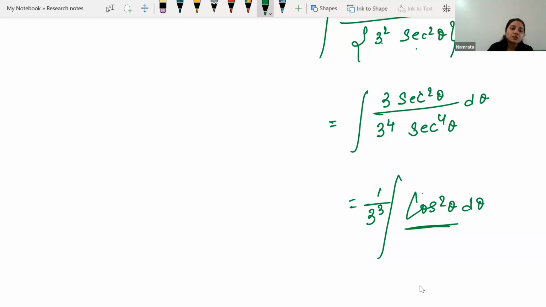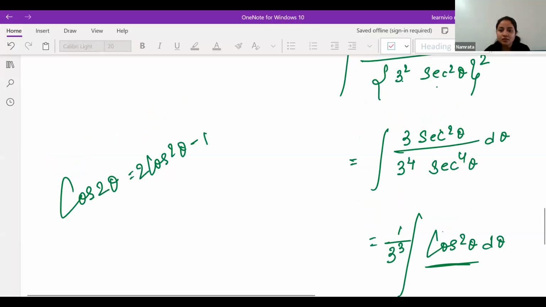So we know we are having one formula for cos 2 theta. Have I written this formula correctly? Are you aware of this formula? Everyone familiar with this formula, yes or no? Ma'am, shouldn't it be cos theta? Where?